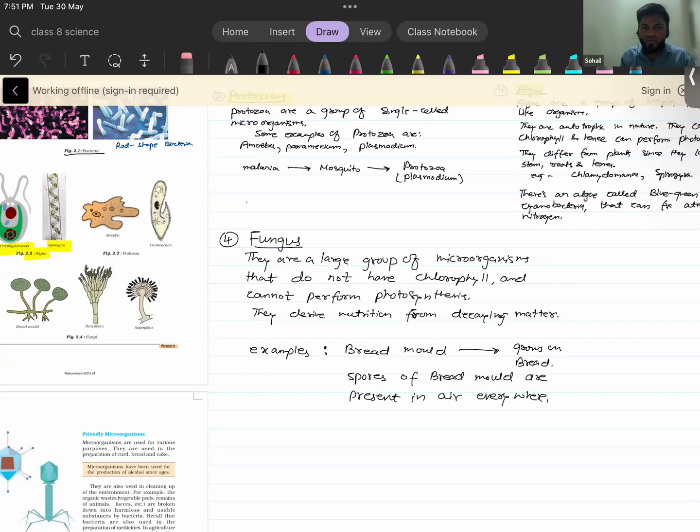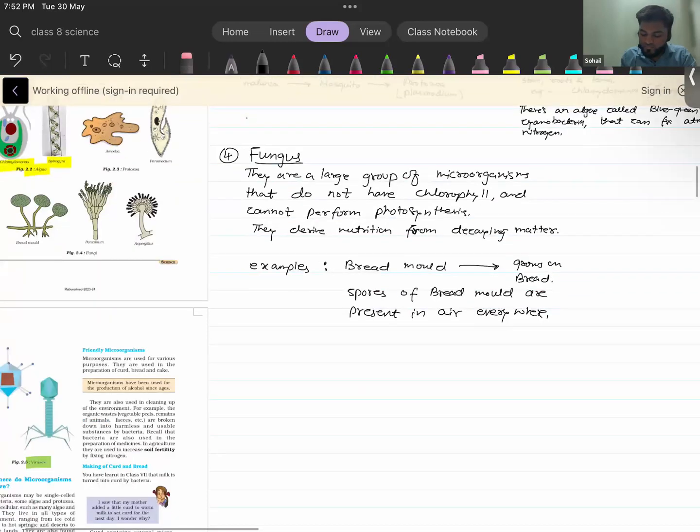Now, what are some other examples of fungus? Mushrooms. Okay. So the first one is the bread mold. Another example is mushrooms. Some mushrooms are edible, some mushrooms are not edible.